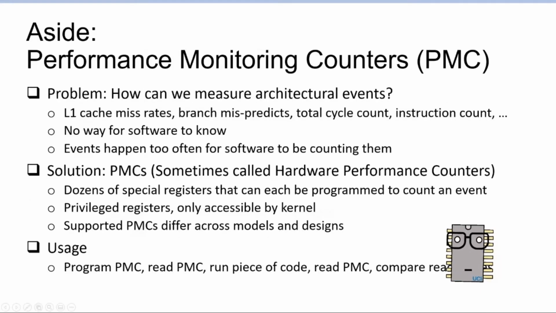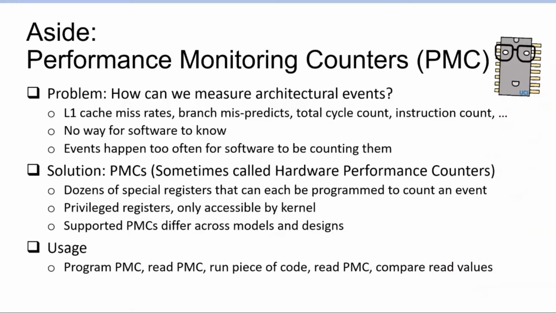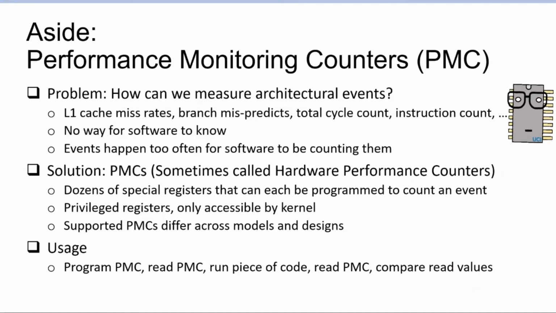Let's see what those are. On a side note, performance monitoring counters, or PMCs, are architectural entities on our processors to solve the problem of how we can measure or track architectural events. Events like how many L1 cache misses, how many branch mispredicts, how many branches in total, the total cycle count that we took to execute this program or a function or a method.